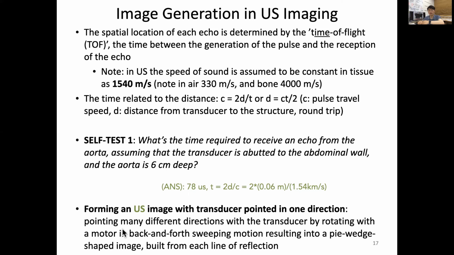But if we can have multiple lines, we can have a 2D structure, or we can rotate the directions and have this fan shape of the cross section. So by pointing in many different directions with the transducer, rotating with a motor back and forth like this, we send the sound wave like this, and the sweeping motion results in a pie wedge shape, built from each line of reflection.